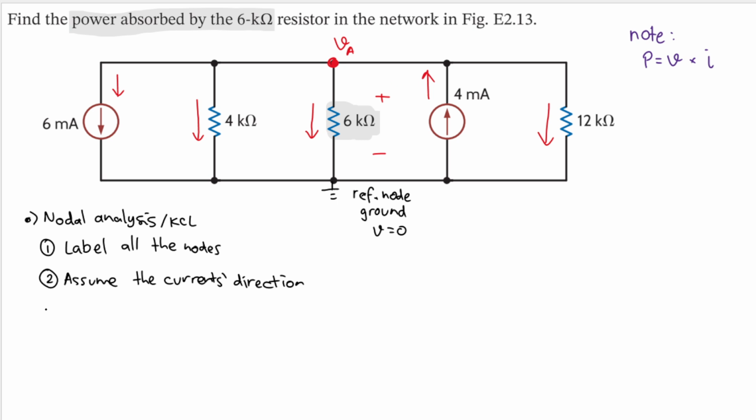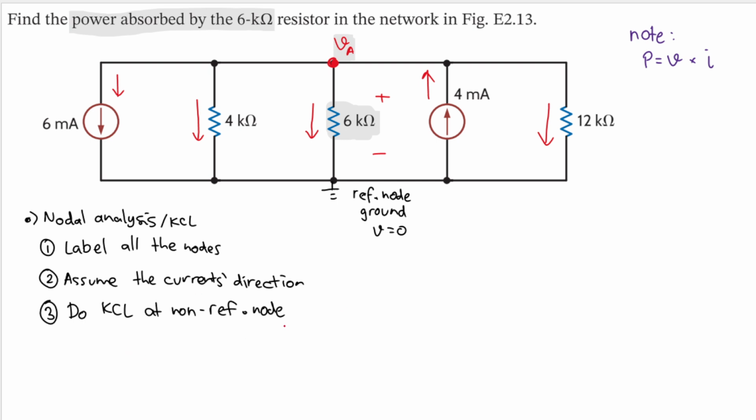We can do KCL at the non-reference node, and the only non-reference node here is VA. So let's do exactly that.